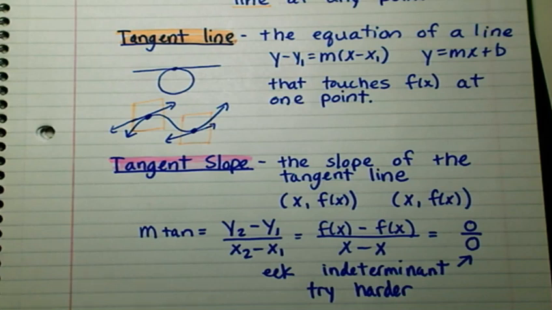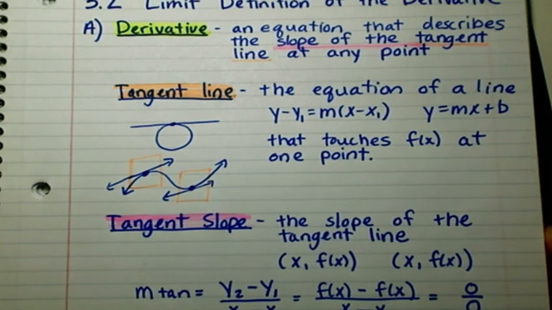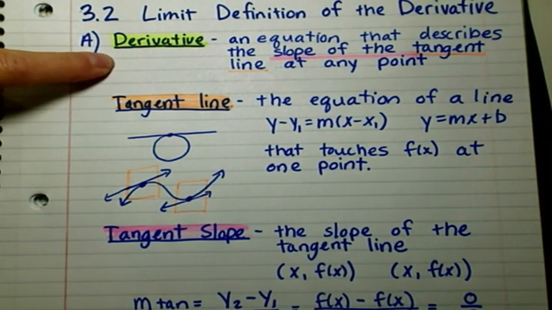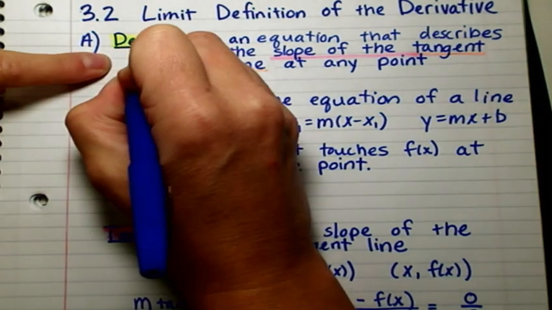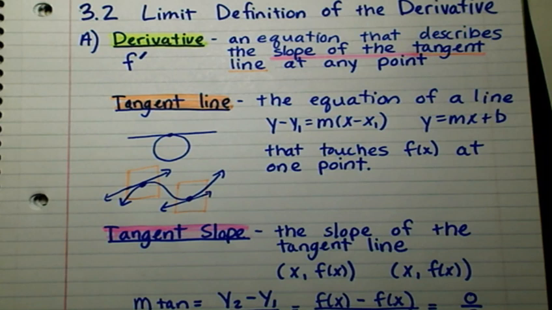Last thing I'm going to say here before I give you a little visual of the words that we've described is I'm going to add a little notation underneath derivative. And it's f prime of x. It looks like an apostrophe. It's not a 1, it's slanted.